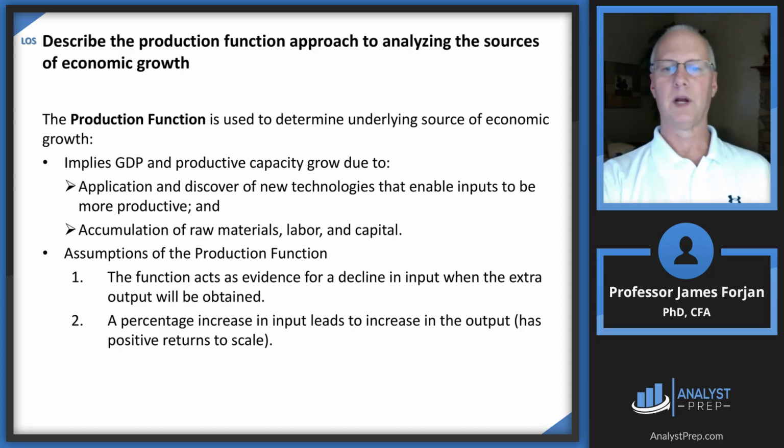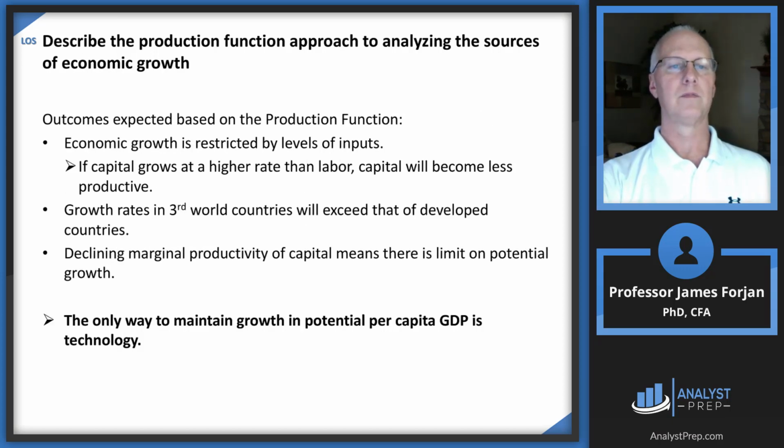Now, the production function has a couple of assumptions. The function acts as evidence for diminishing returns, a decline in additional output as input increases, and a percentage increase in input leads to increases in the output, positive returns to scale. Now, economic output is restricted by levels of input. Of course, that makes perfect sense.